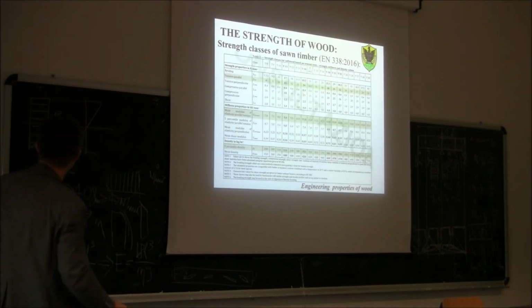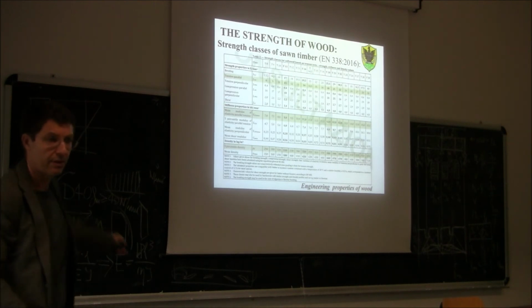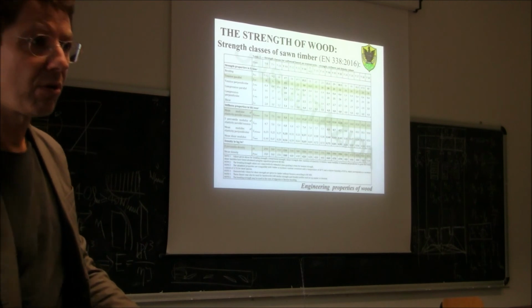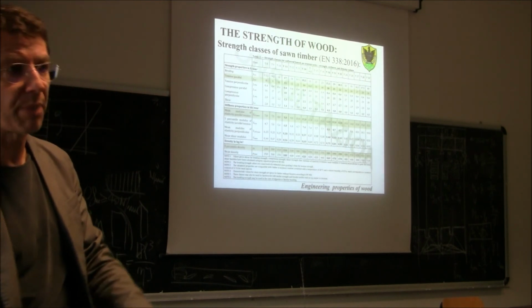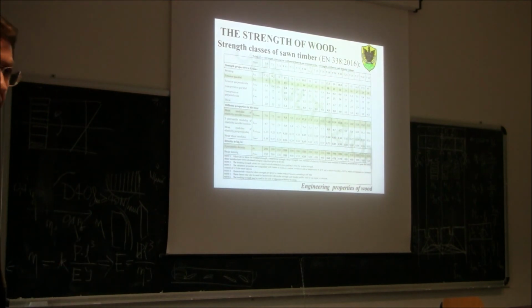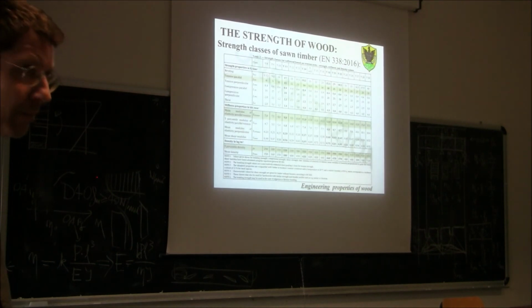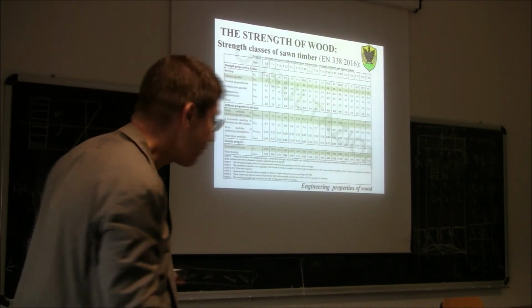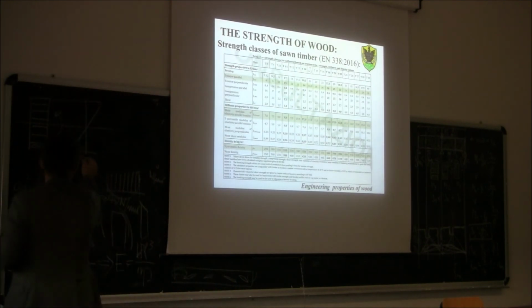What is the stress distribution on this plank here? It results from bending, tension, or tension and bending coupled together. If I ask you, look, this is a stress distribution here.